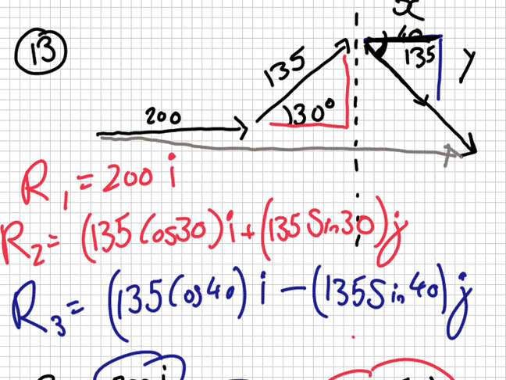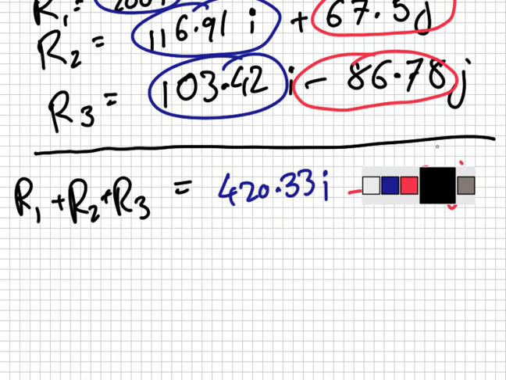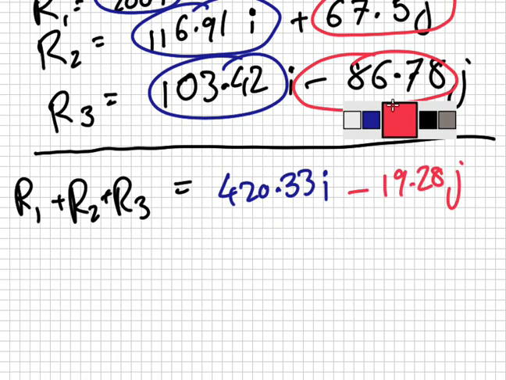But isn't it asked for displacement? Oh yes, I'm getting to it. I'm just building it up, okay? So this vector here, this is the displacement. This is where the roller coaster is in total at the end. So the roller coaster has moved 420 and down 19 about.